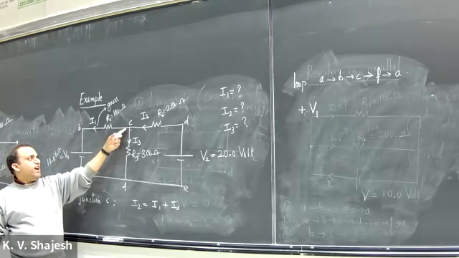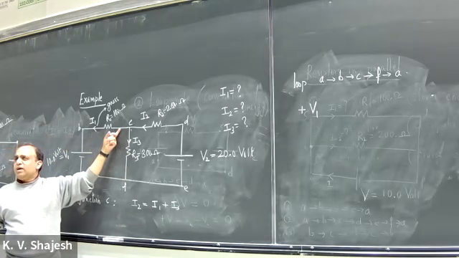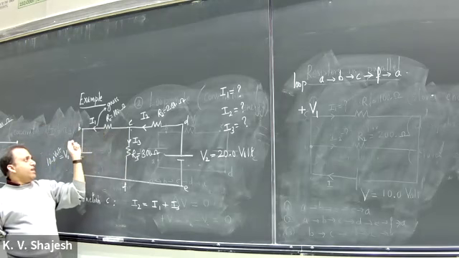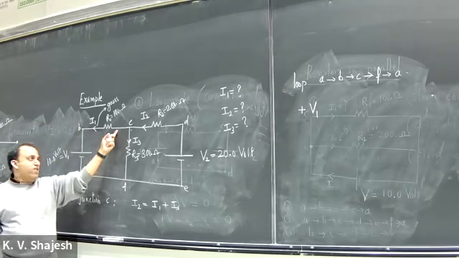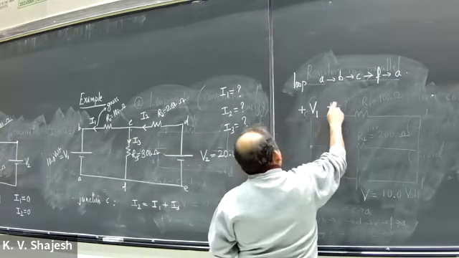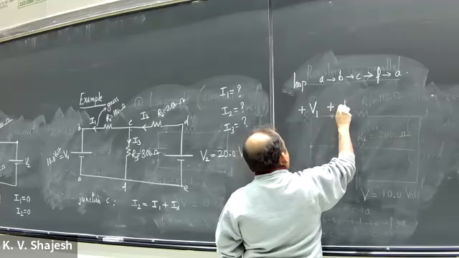That means this is at a higher potential. So when I'm going across the resistor, typically it should be minus if I'm in the direction of the current. But here I'm going against the direction of the current, so I'm gaining potential. That means it's plus. Make sure you understand why that's plus and not minus.